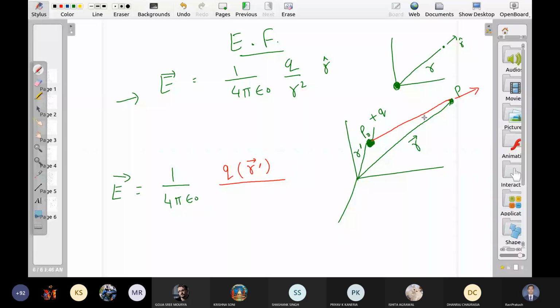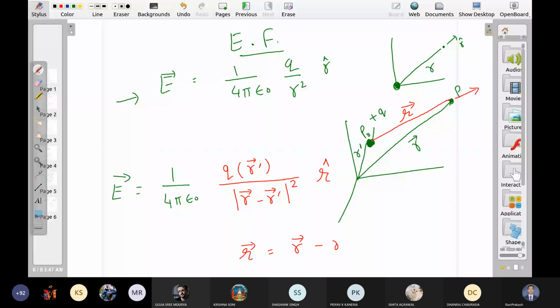Right? And what is the unit vector now? Okay, so let me put it like this. What is r cap? So this is vector r. So vector r is this. Okay.